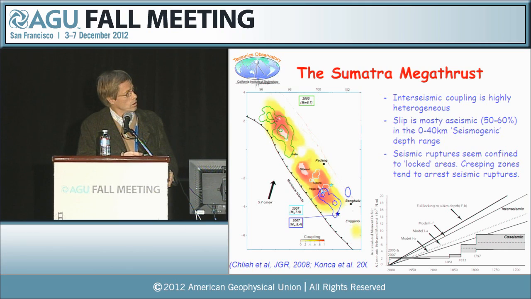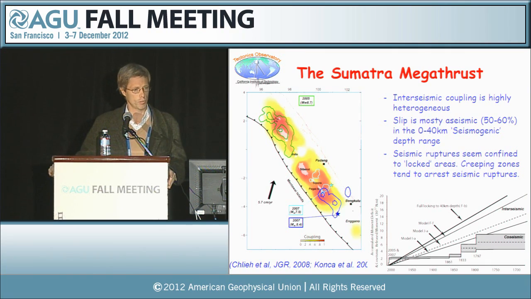If you look on average from the trench to the down-dip end of the seismogenic zone, what you find is that about 50% of slip is taken up by aseismic creep. Then you can balance the interseismic coupling with the coseismic strain release over the last few centuries, and what you see is that they match more or less. The misfit is only a factor of two.